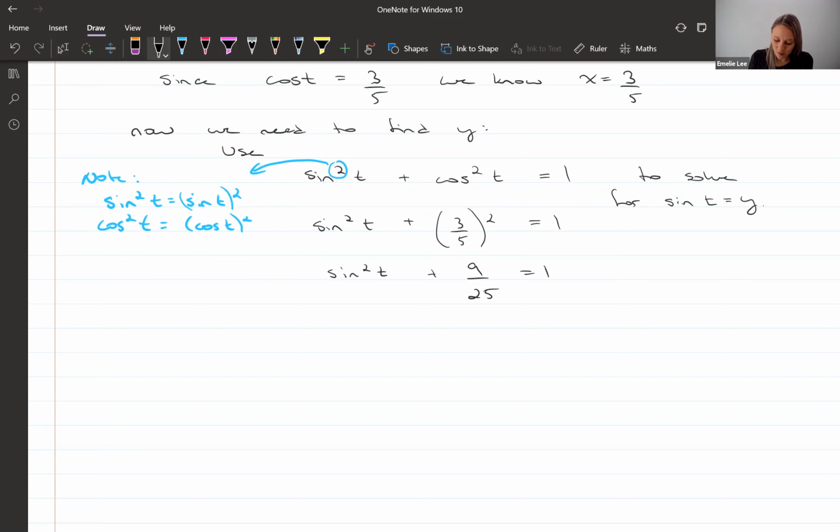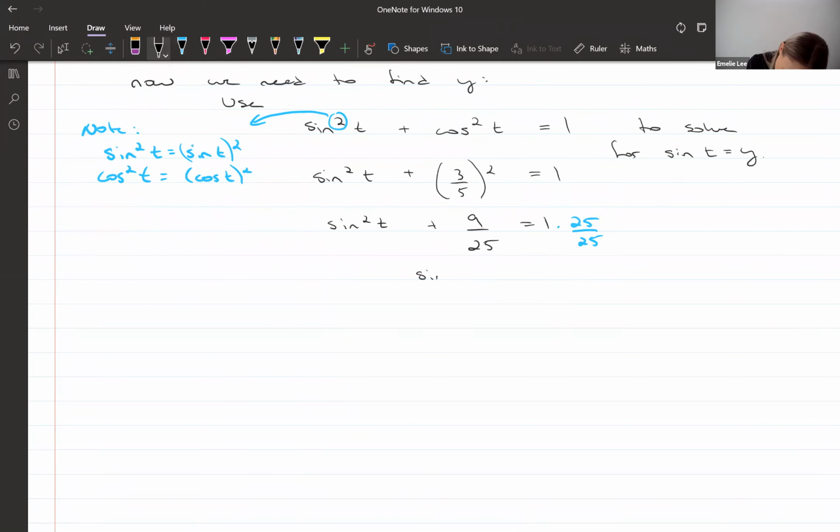Because I anticipate moving this over here, I'm trying to solve for sine, right? So in this step I'm going to multiply 1 by 25 over 25 to get that common denominator already. So what I get is sine squared t is 25 over 25 minus 9 over 25.